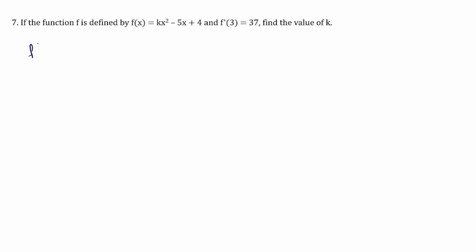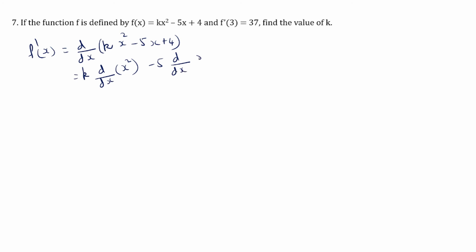So first let us find f dash of x. f dash of x is d by dx of kx square minus 5x plus 4. So this is equal to k into d by dx of x square minus 5 into derivative of x plus derivative of 4.